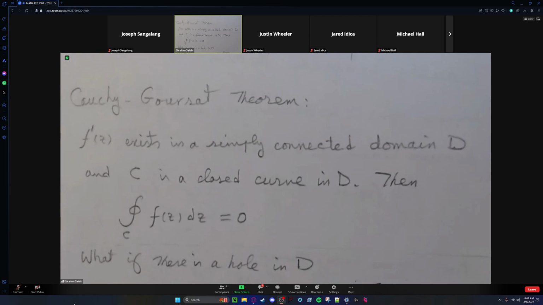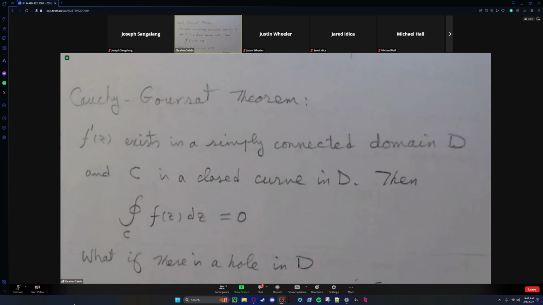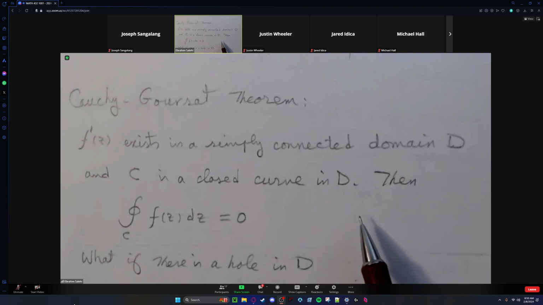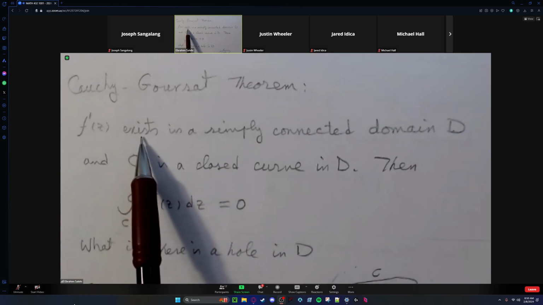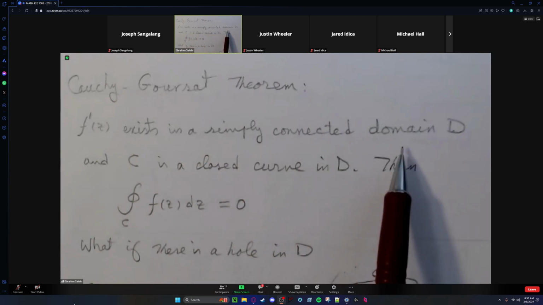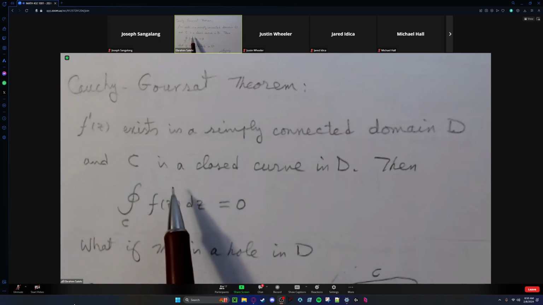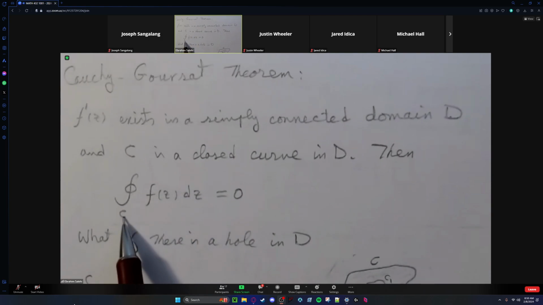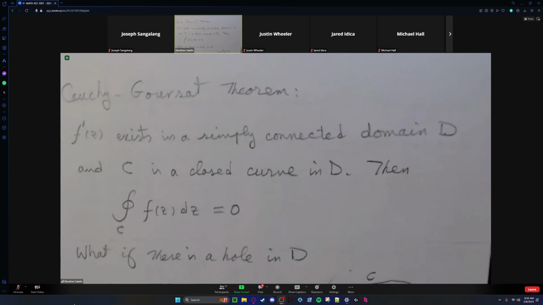And in his proof, the continuity of f prime was not needed. So from this point on, we will use this improved version: as long as you know the derivative exists in a simply connected domain, no hole, then the integral over any closed curve will be 0. Right? Integral over any closed curve will be 0.